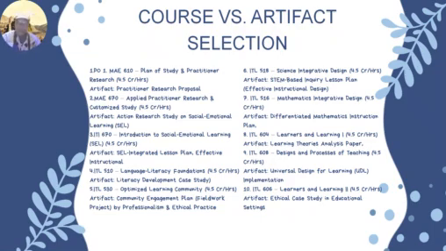The sixth one, ITL 518, was science integrating design. That artifact was a very interesting one, which has to do with STEM-based learning lesson plan development, particularly dealing with effective instructional design.